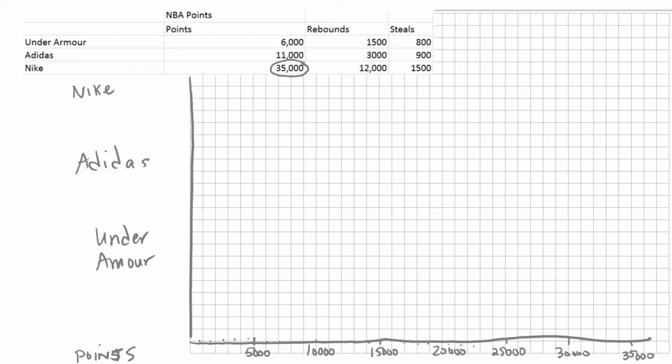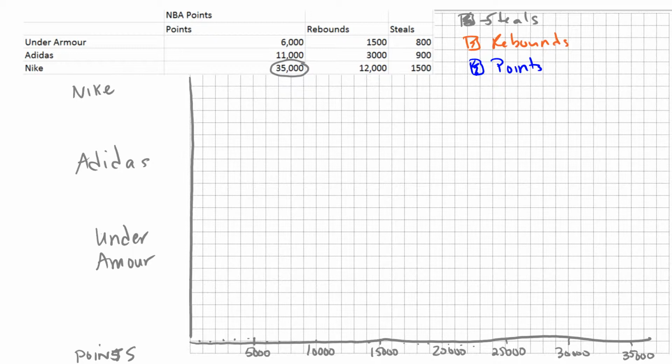So I'm going to have gray be the steals. I'm going to have orange be the rebounds. And I'm going to have blue be the number of points. So using that color, I'm going to now start my graphing.